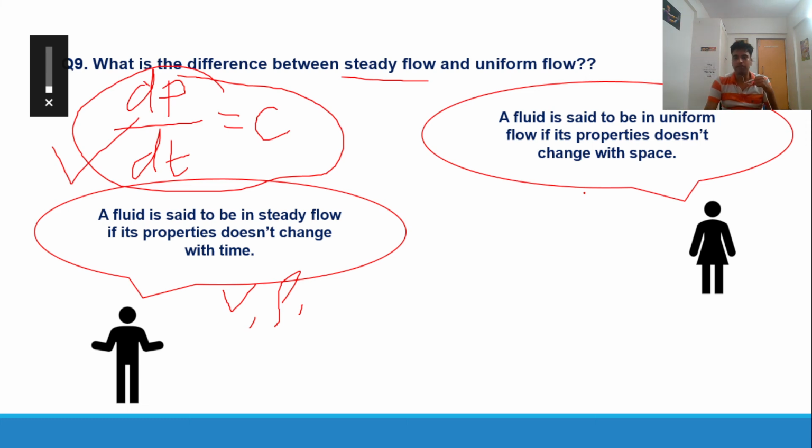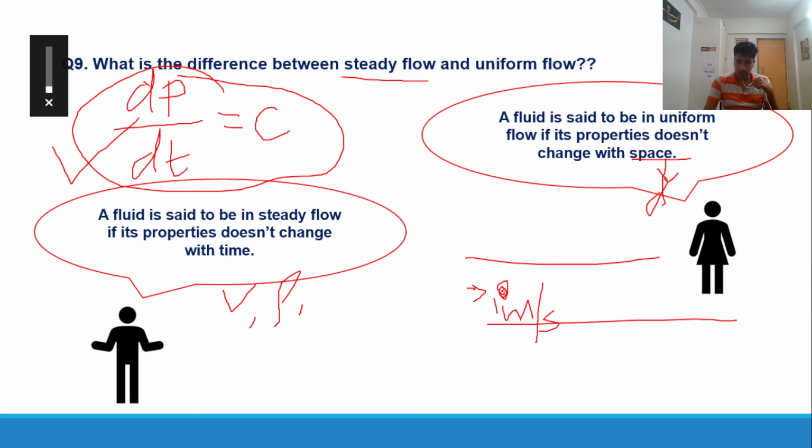And in uniform flow, what happens? The property doesn't change with space. What do we mean by space? Space is distance only. Okay. So if a fluid is flowing, let's see, water is flowing. If this water has a velocity of 1 meter per second at this point A, and after some distance at point B, we measure the velocity and it is found to be 1 meter per second.